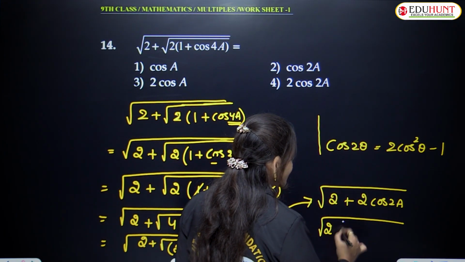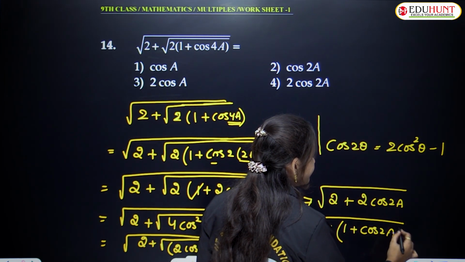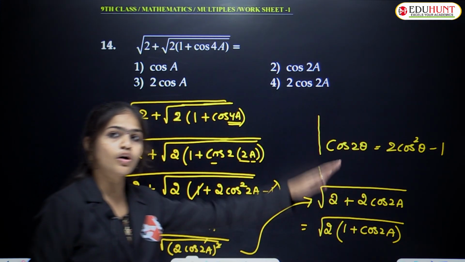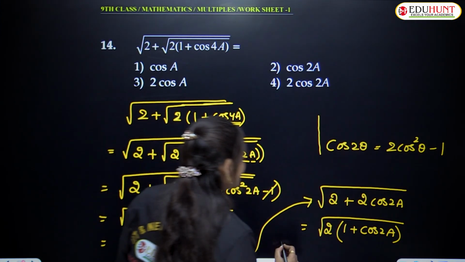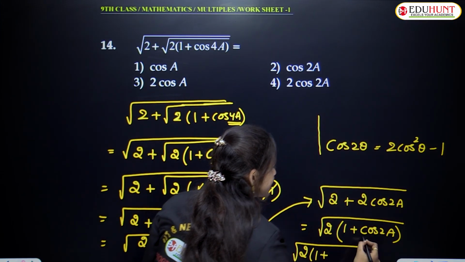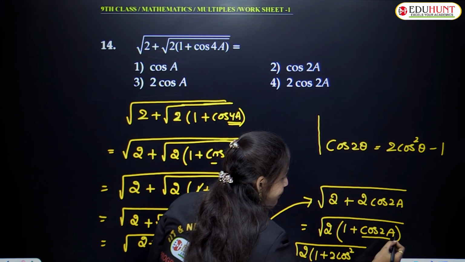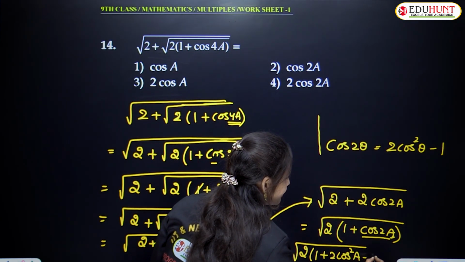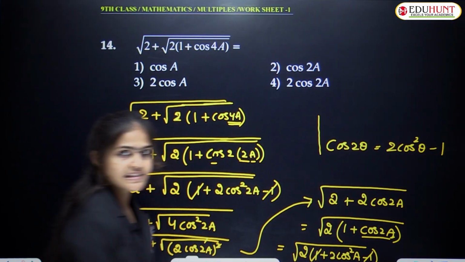So take that 2 as common. From this we get 1 plus cos 2a. Here cos 2a is directly there, so we can apply the cos 2a formula directly. So square root of 2 into 1 plus cos 2a, where the formula is 2 cos square theta minus 1. At the place of theta, here a is there. So plus 1 and minus 1 get cancelled.